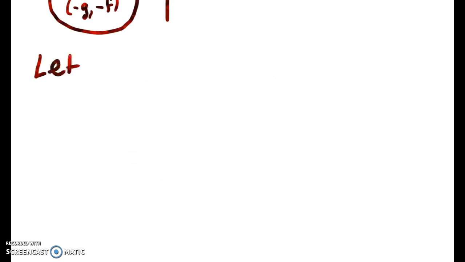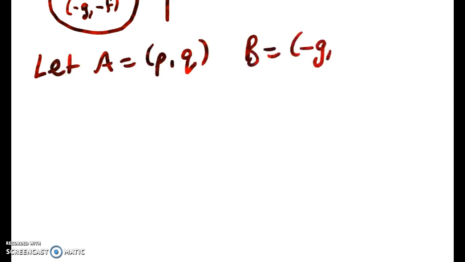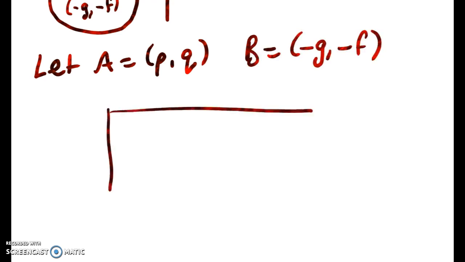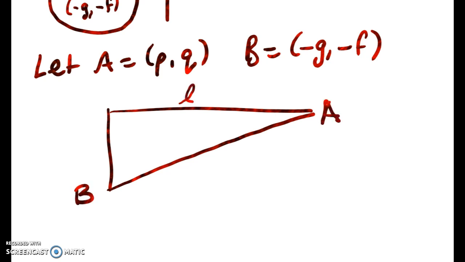So let's let A be point PQ, and B can be the centre of the circle, negative G and negative F. So what can I say? Let's draw out Pythagoras again. This is my length here. This is point A here, and this is point B here, and we don't care about those coordinates.